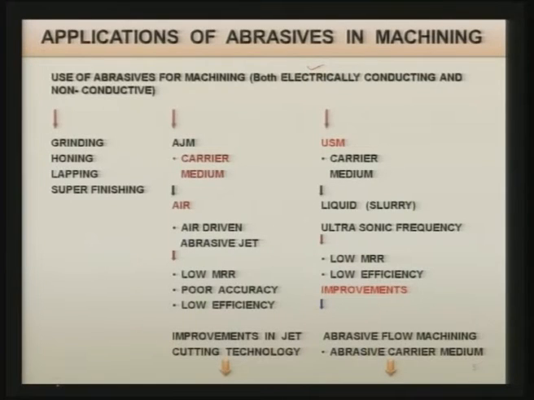The tool in ultrasonic machining vibrates at ultrasonic frequency. This process also gives a comparatively low material removal rate, and efficiency is also low. Some improvements have been made in this process to develop new processes, specifically for finishing purposes, that I will show you in the next slide.